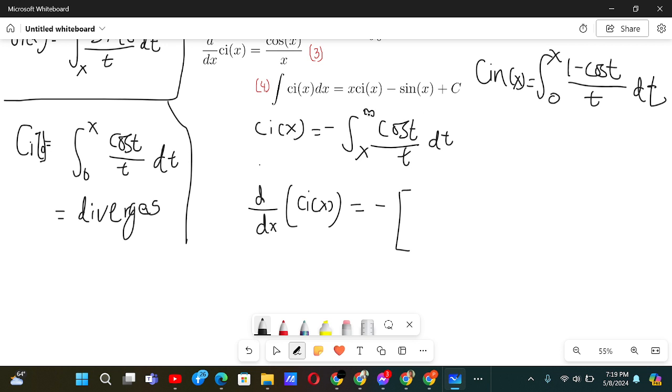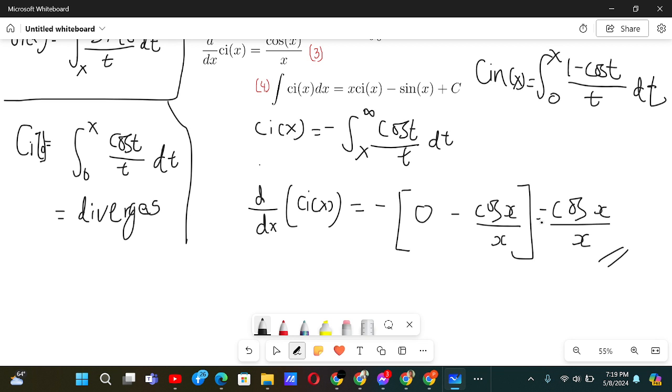At infinity it will just give us some constant value, which when differentiated becomes 0, and so over here the derivative will just be cos x by x.